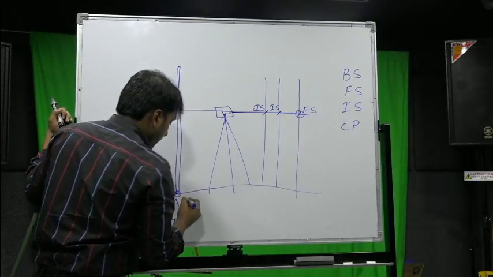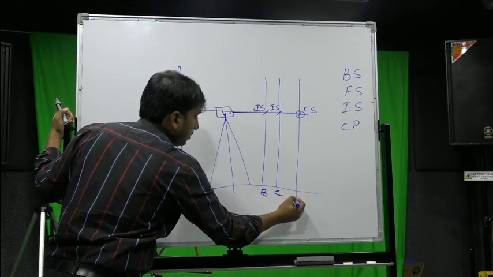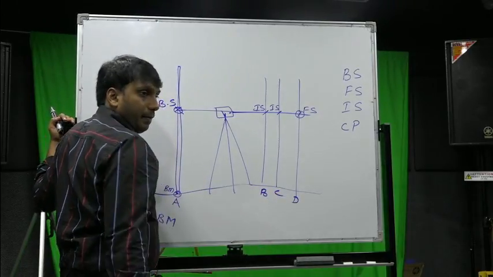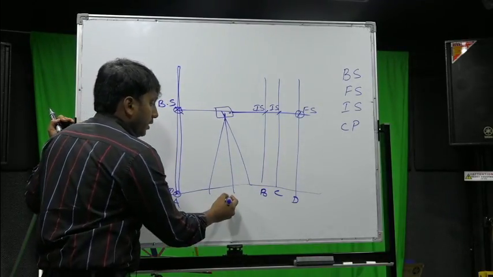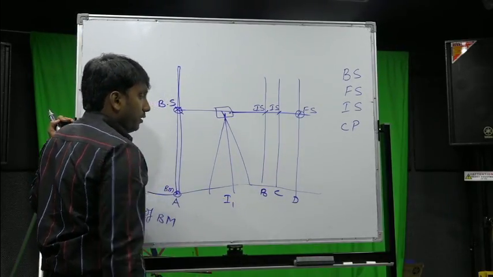See this, for example: this is A, B and D. After D, if you are not able to see the next reading using this instrument, take this as instrument 1.